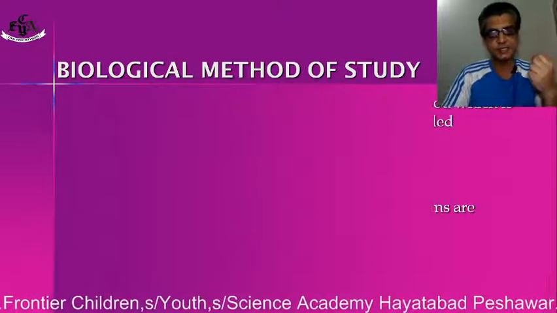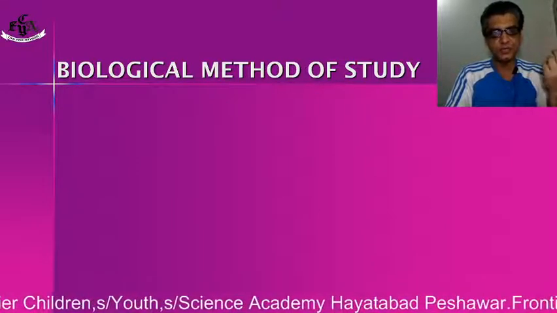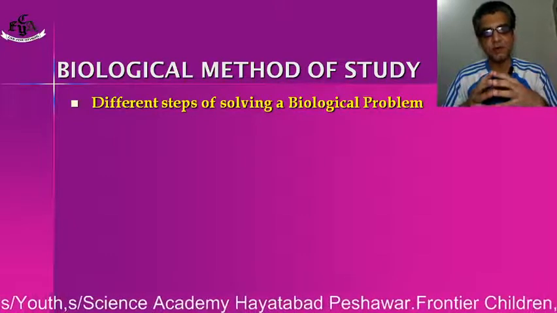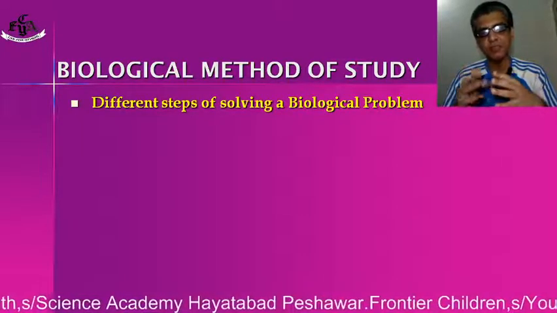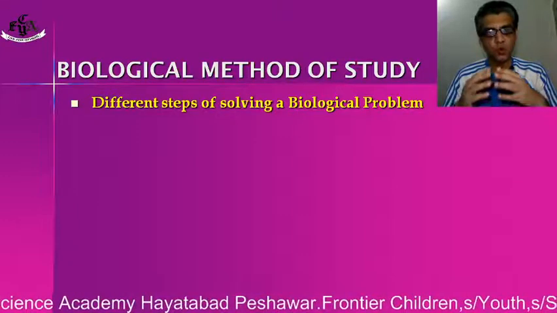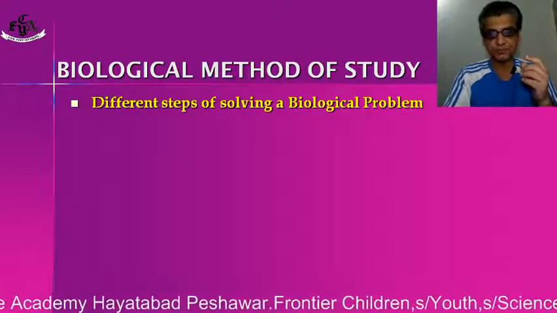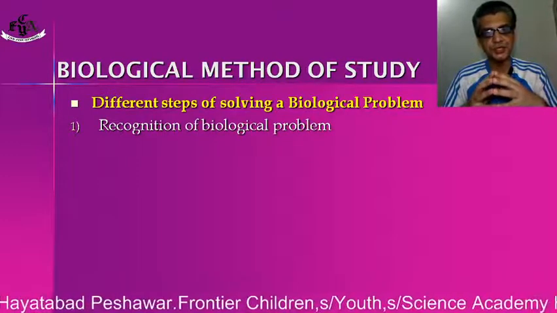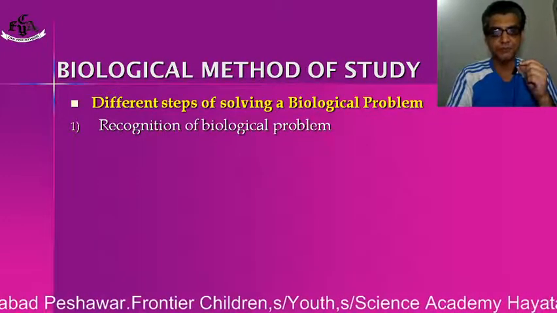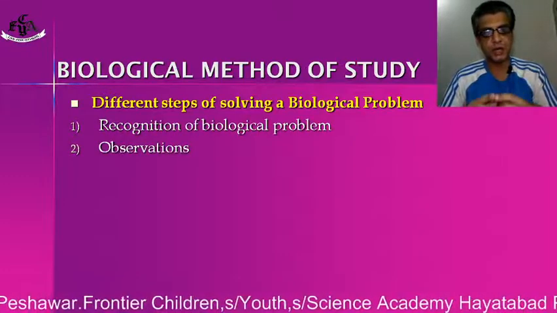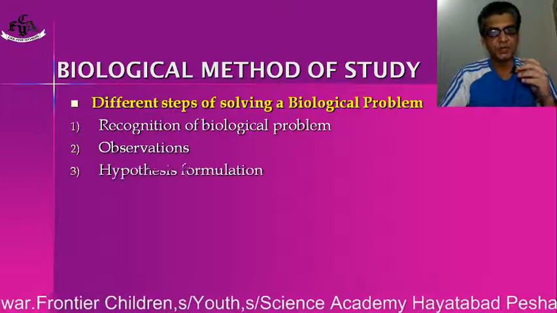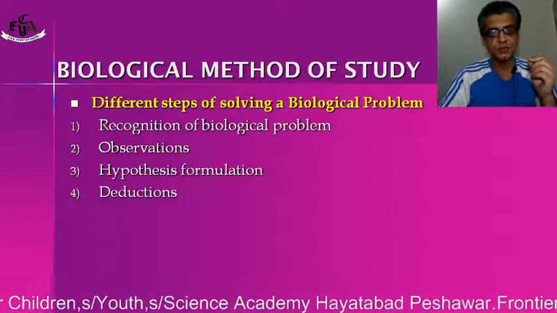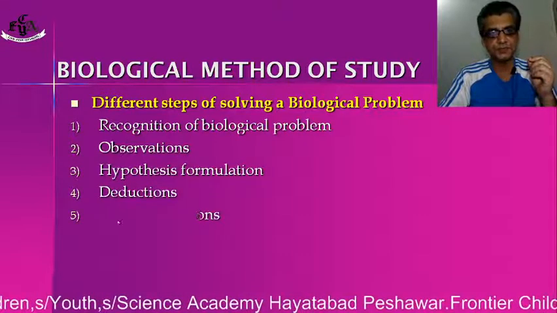Now the scientist, a biologist, follows different steps for solving biological problems. What are these steps? Number one, first of all, recognition of the biological problem. Number two, observation. Number three, hypothesis formulation. Number four, deductions.